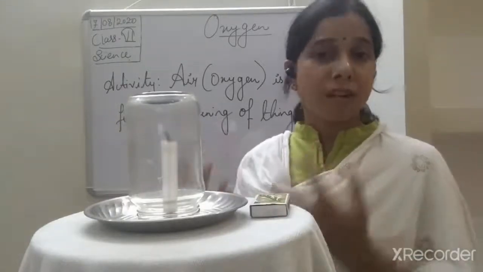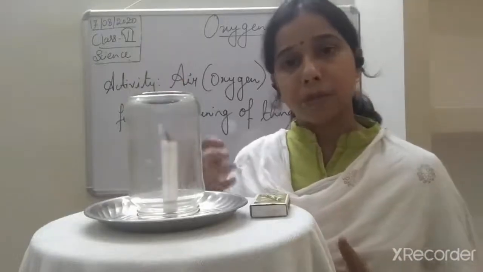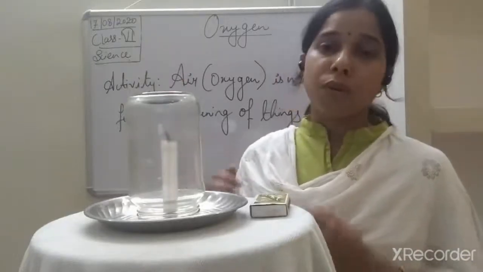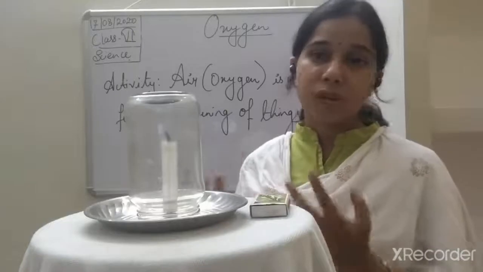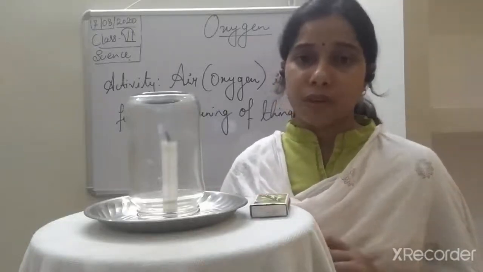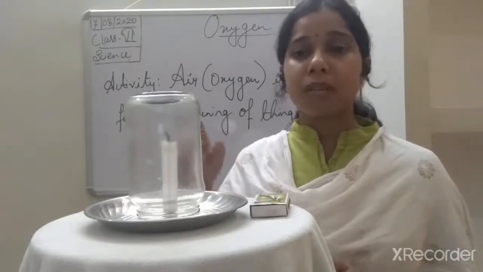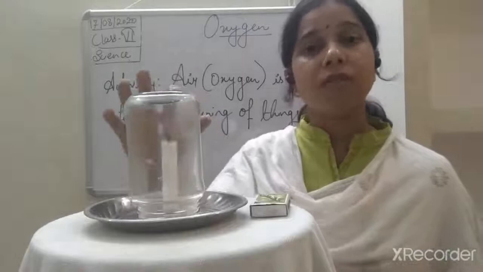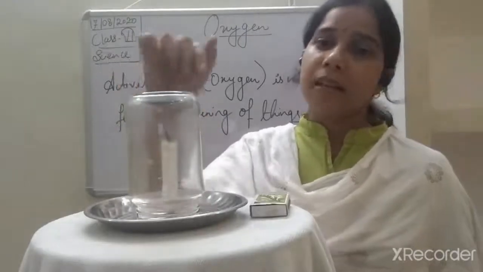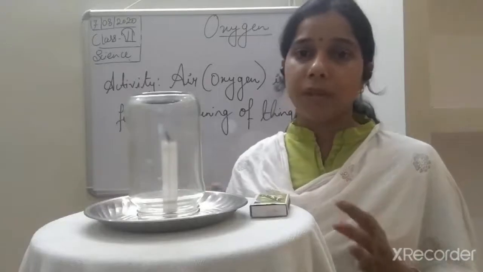When there is no fresh air and no sufficient amount of oxygen present, it will get extinguished. So it takes time to get extinguished because at first it uses the oxygen present inside this glass jar, and later on, when all the oxygen is used up, it becomes extinguished.